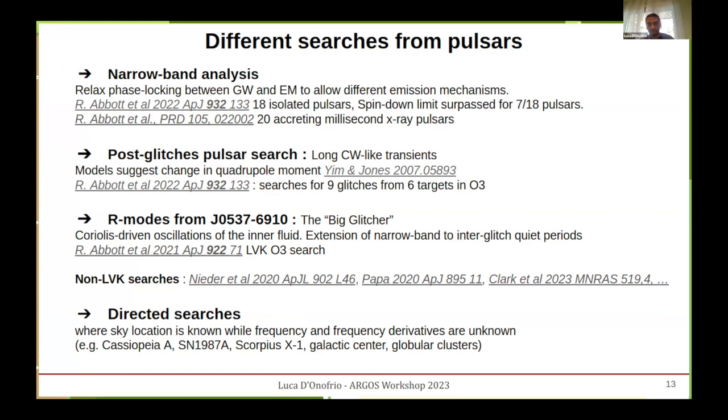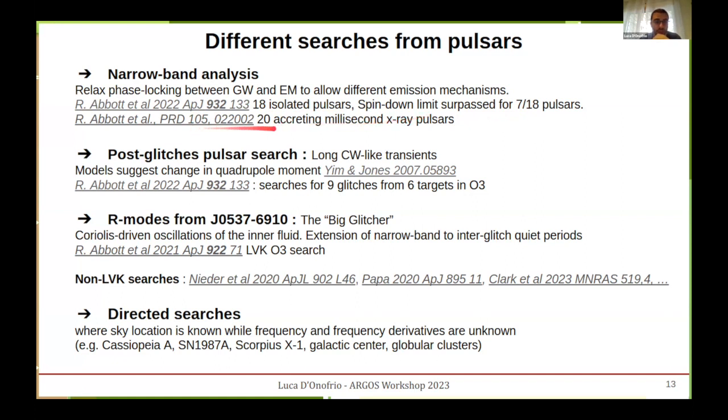Of course, you lose sensitivity because you have a frequency band to explore in the data, and so you have a trial factor that decreases your sensitivity. And this is the last search on O3 data, targeting 18 isolated pulsars, with the spin down limit surpassed for 7 of these pulsars.